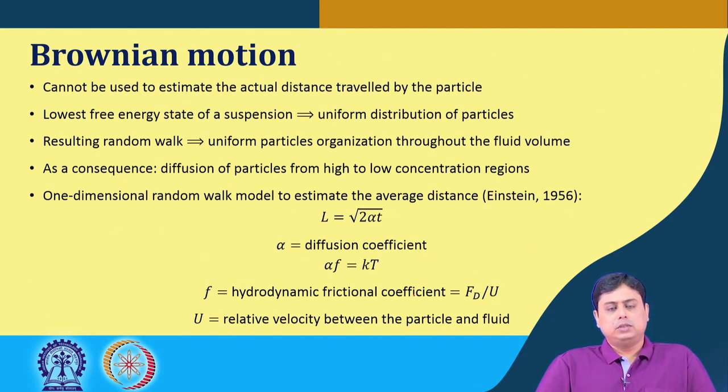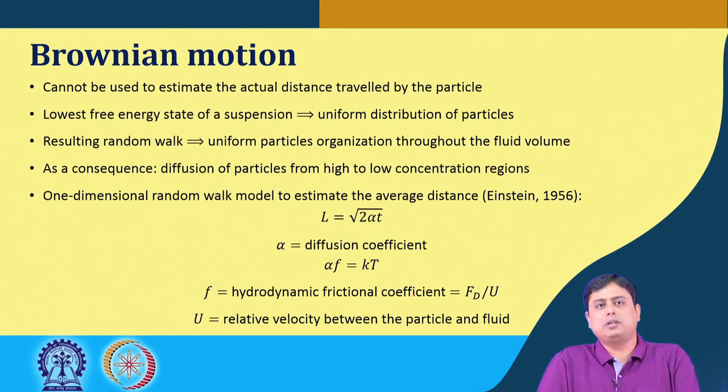Now, if a suspension is stable, then in thermodynamics, by principle, it has to be in its lowest free energy state, and that means the particles will be uniformly distributed throughout the suspension.